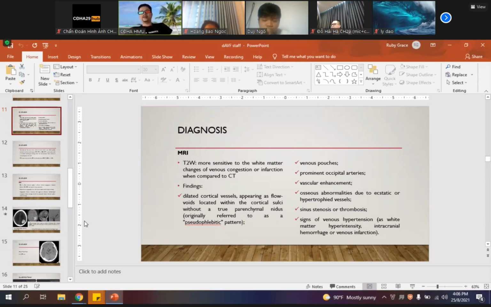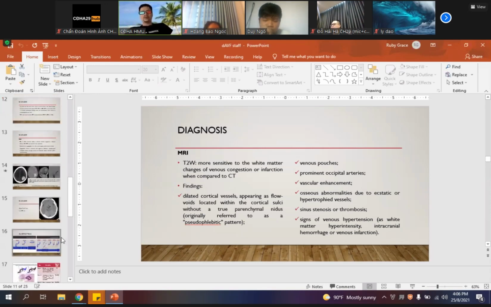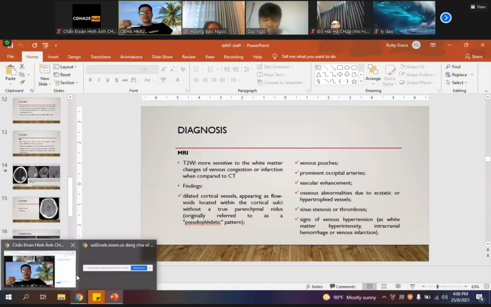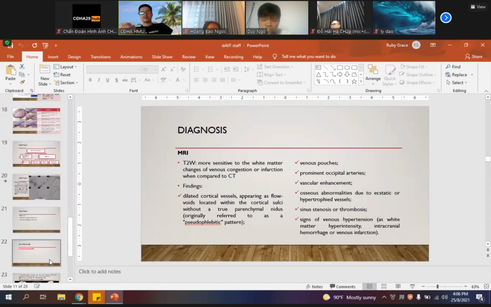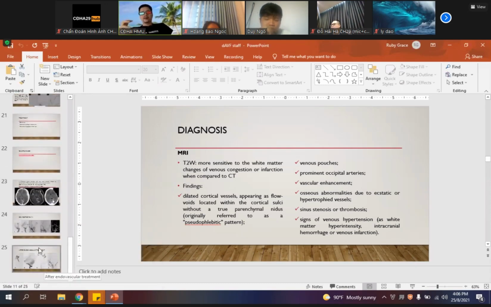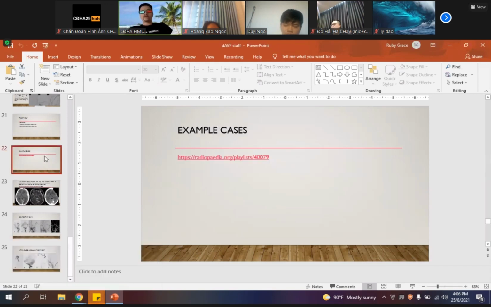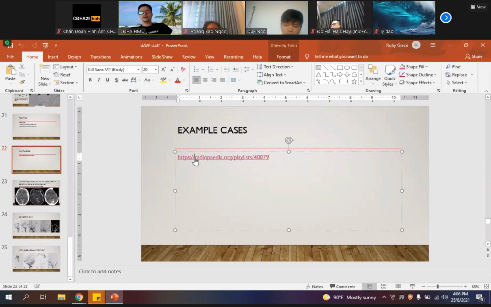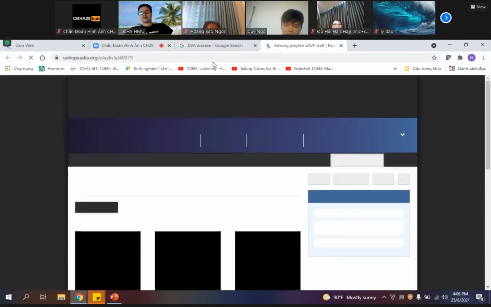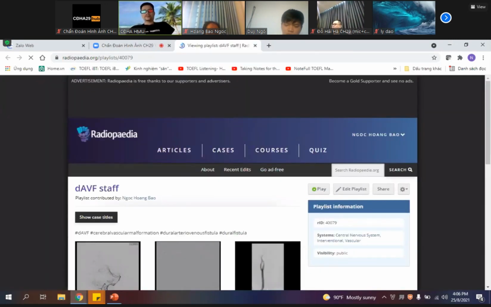That's the reason why, if you have a young patient with lobar hemorrhage, and there is no parenchymal nidus, but you still see a dilated vessel, for example a vein or feeding artery, you should think of dAVF, and you can request DSA for the definitive diagnosis.